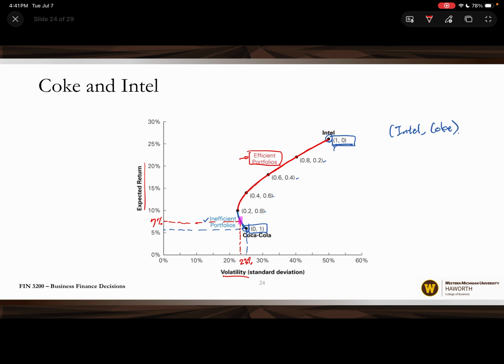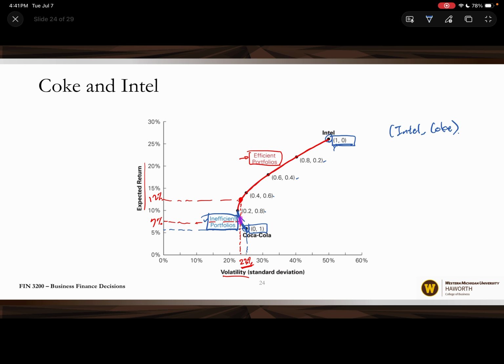But if you go up, we're going to draw the vertical line this time, you can do better. With the same amount of volatility, you could generate a portfolio that gives you a 12% expected return. No rational person will choose a portfolio that falls in this region. That's why it's called the inefficient portfolio region.